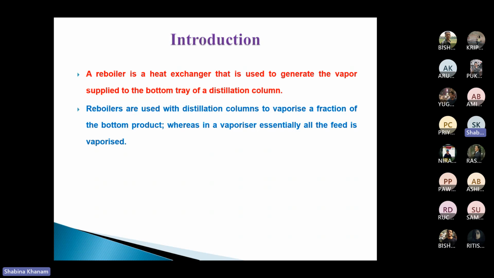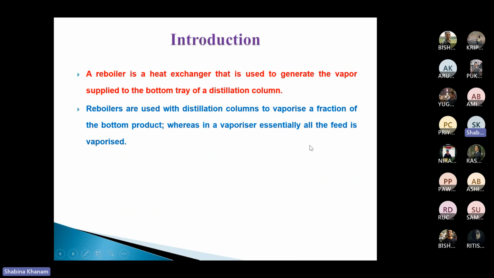The main thing to consider is that only a part of the feed is converted into vapor every time. That's why it is called a reboiler: the liquid feed is being converted into vapor again and again.